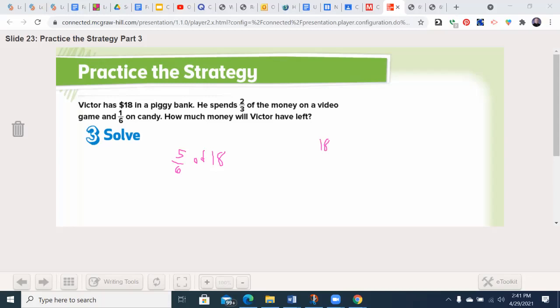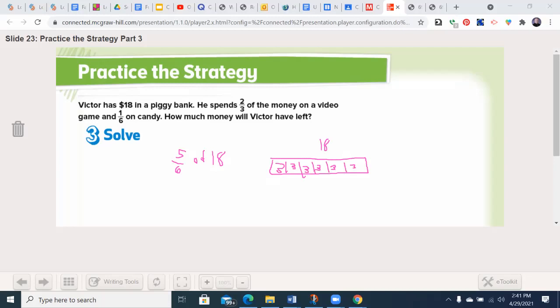I'm going to have my box here. All right, but how much will go in each box? Well, 18 divided by 6 is 3.